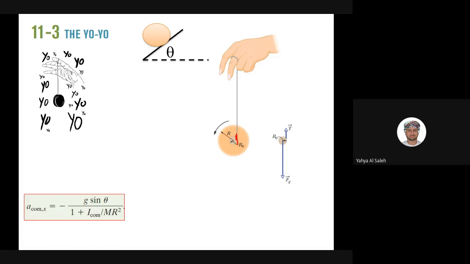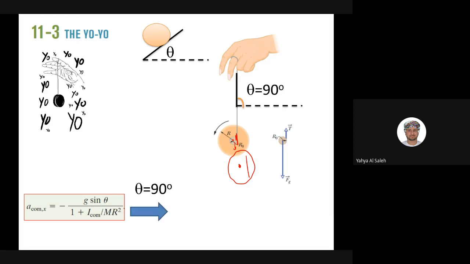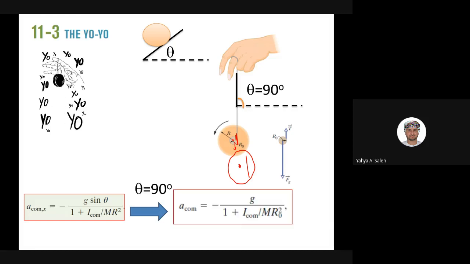So look, you have this distance here between your center of mass and where this thing actually is. Now my angle here is 90 degrees and sine 90 is 1. So my acceleration of my center of mass is simply going to be this without sine theta.